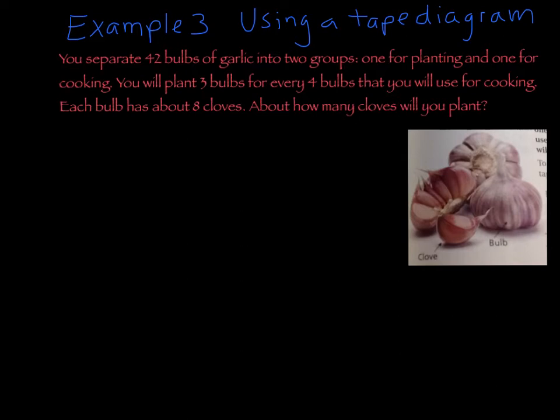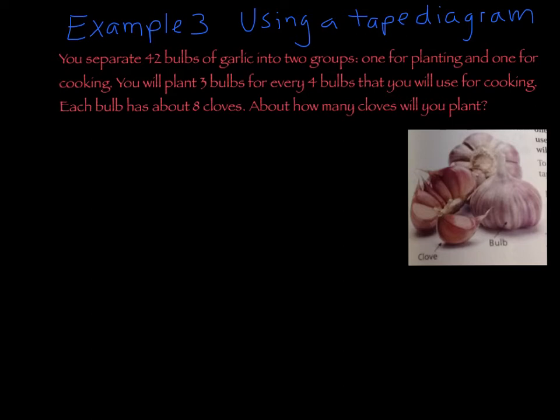So anyway, the story problem says you separate 42 bulbs of garlic into 2 groups, one for planting and one for cooking. You will plant 3 bulbs for every 4 bulbs that you use for cooking. Each bulb has about 8 cloves in it. About how many cloves will you plant? That's what the question's asking.